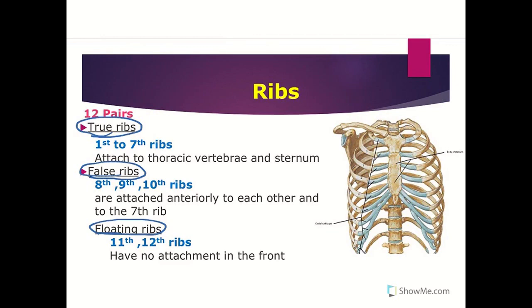It is a very simple way of classification of the ribs. Now we will divide the ribs according to their attachment to the sternum and the body of the vertebra, into three types: true ribs, false ribs, and floating ribs.